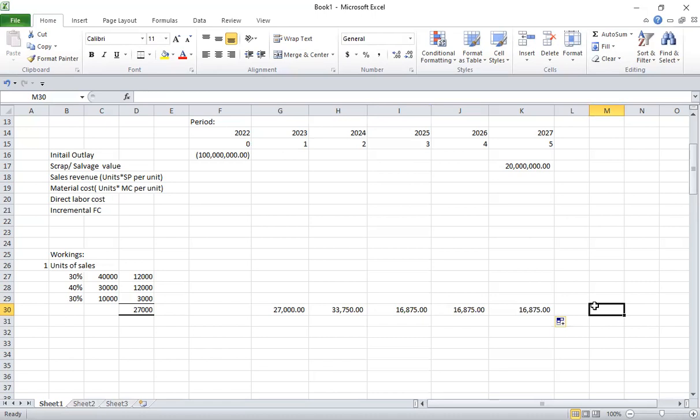So next, what have we? Next will be to calculate what? If you come back to this working for the relevant costs, something like the sales revenue, I have said you need to take units. The units are what we have here. Multiply by selling price per what?